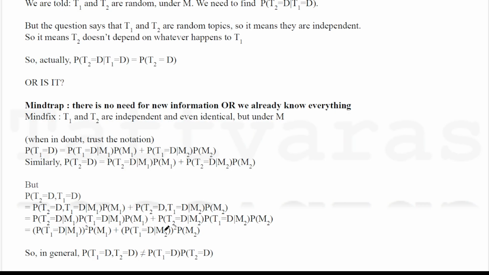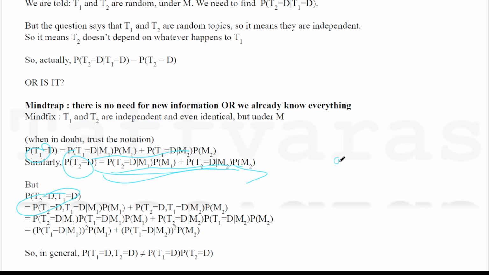And I hope now we see why in general this thing is not equal to this thing multiplied by this thing. Because again, if it's not clear still, think about this. You have this probability, and this is going to be exactly the same as this because they are identical under the values that m takes.